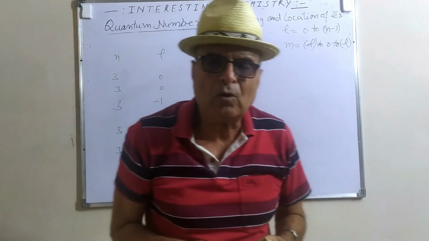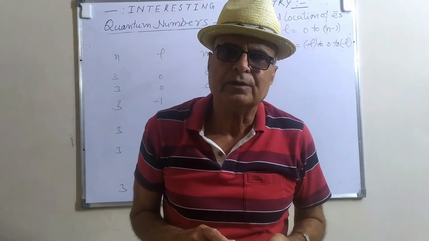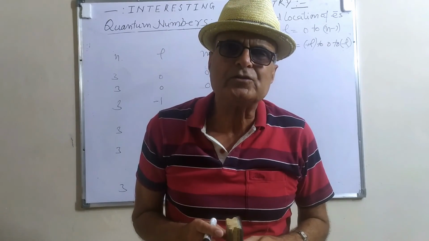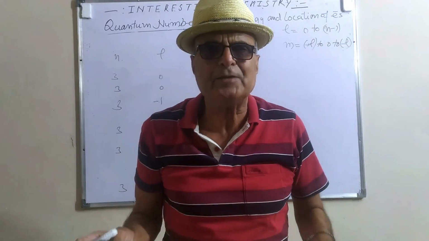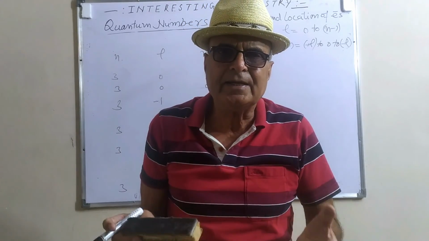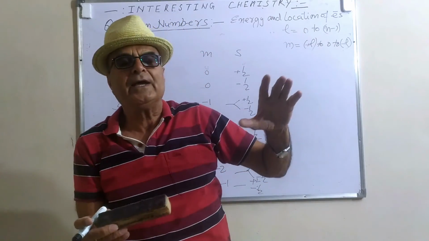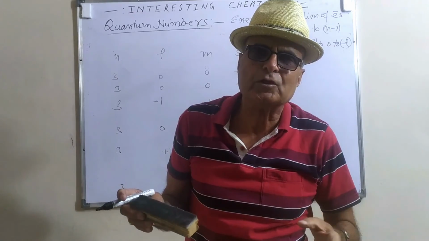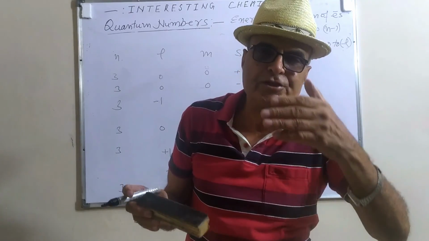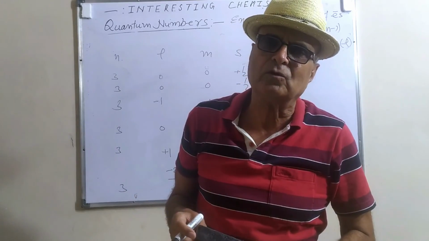So that's all for today. I think that you have understood the importance of the quantum numbers. Quantum numbers describe the energy and the location of the electrons, and furthermore the magnetic and the azimuthal quantum numbers tell us the shape of the electron cloud and the orientation of the electron clouds.